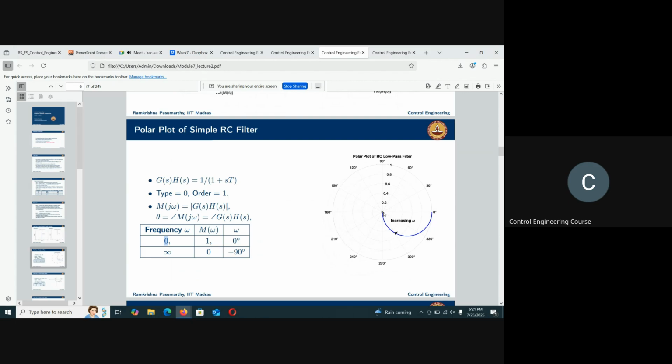It goes through smaller and smaller circles about the origin, and the phase becomes minus 90 degrees. Plus 270 is the same as minus 90. So the polar plot will touch the origin asymptotically at omega equal to infinity, tangential to the minus 90 degree axis. Do you get this plot? Got it? Yes, sir.